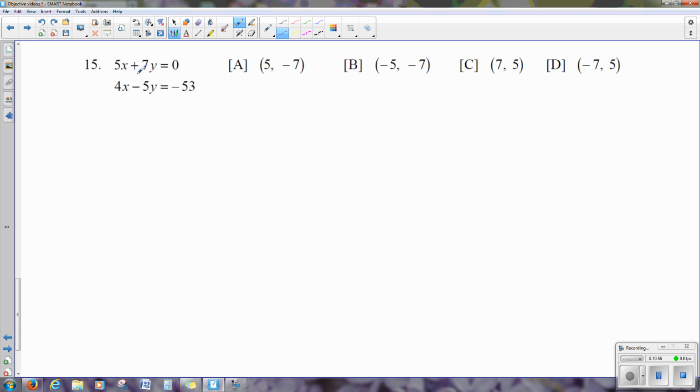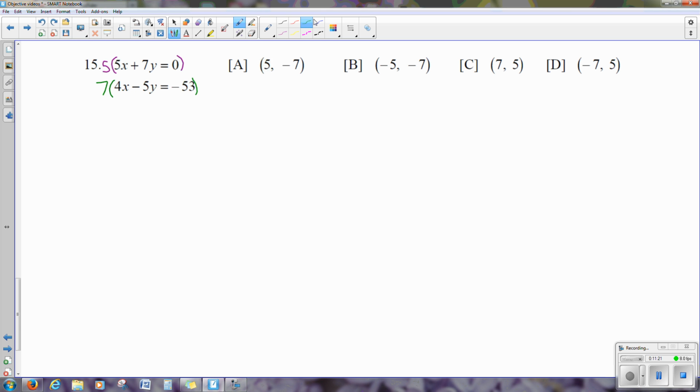I think that's the option I'm going to go with because we've already got one positive and one negative. I won't really have to worry about the signs. I just have to worry about changing the numbers. So I'm going to multiply everything in this equation by 5. That'll create 35y. And then I'm going to come down to this equation, and I'm going to multiply everything in here by 7. And that'll give me negative 35y.